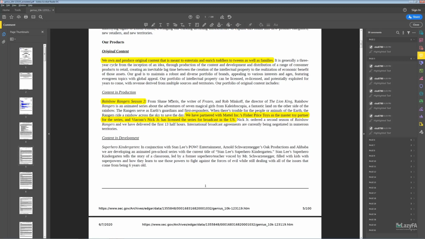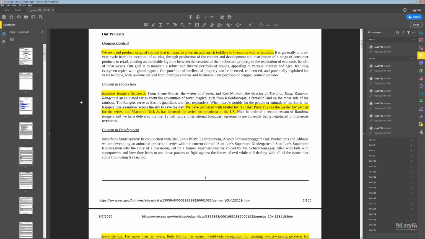One of them is called Rainbow Rangers, and for this one they have a partnership with Mattel as their primary toy partner, and Viacom's Nickelodeon Jr. had licensed the series for broadcast in the U.S. Again, that was as of December of 2019, the end of last year, because this is their annual report, so this might have changed since then.